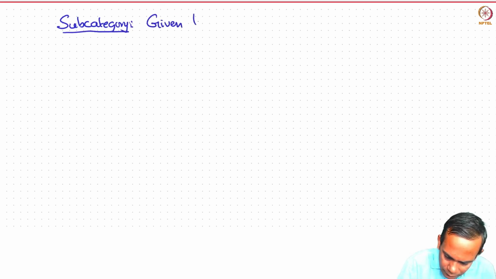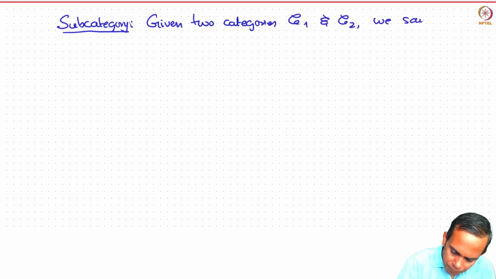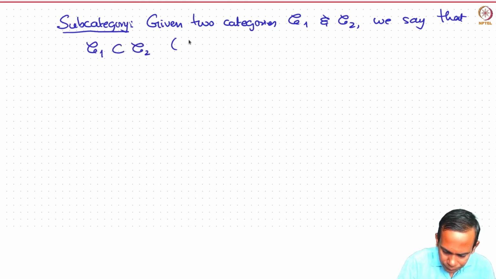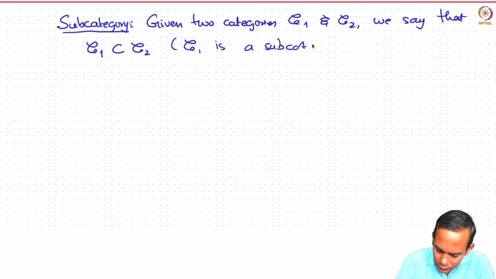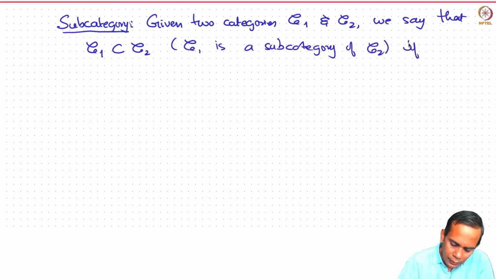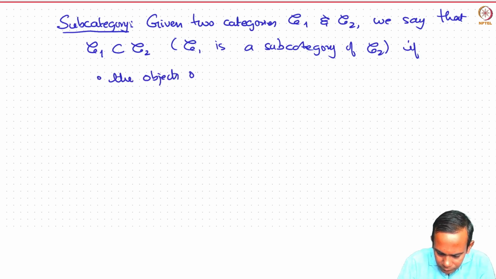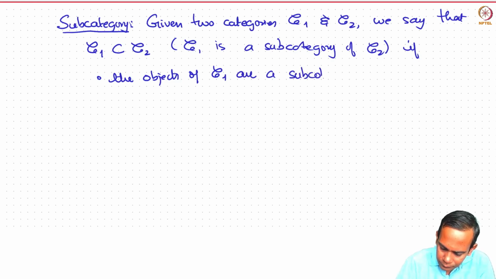Given two categories, C1 and C2, we say that C1 is a subcategory of C2, and we just use the subset notation for this, if the objects of C1 are a sub-collection of the objects of C2.